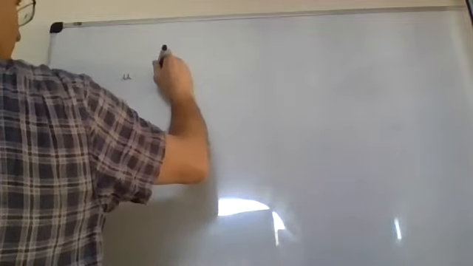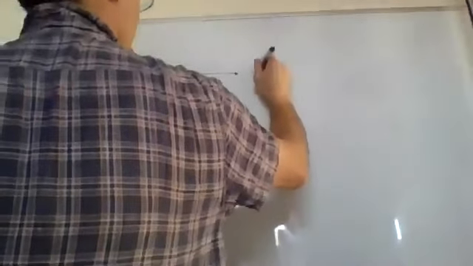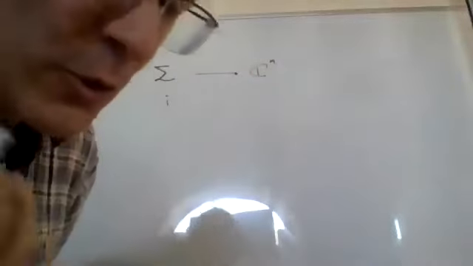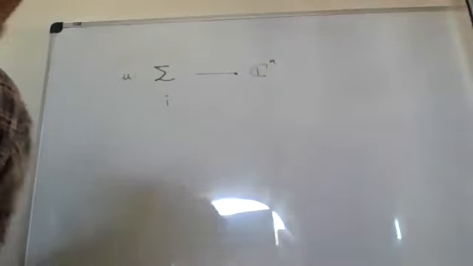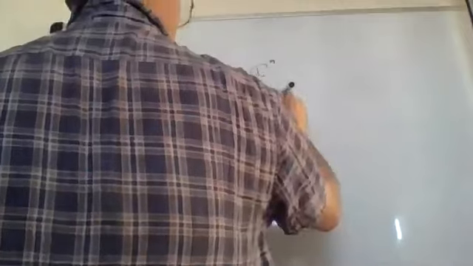So what is now a holomorphic curve? It's just a map u from such a sigma into Cn first, such that u commutes with the i's. So here we have the conformal structure, and here we have the usual J0.